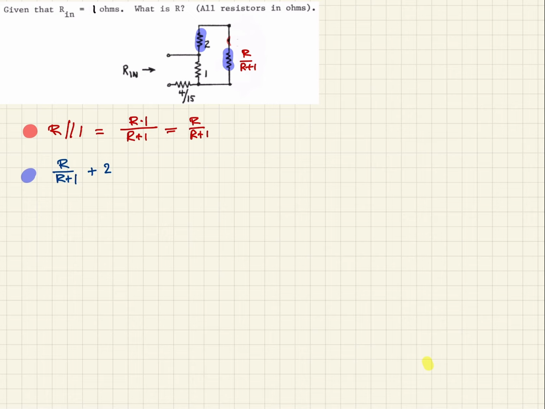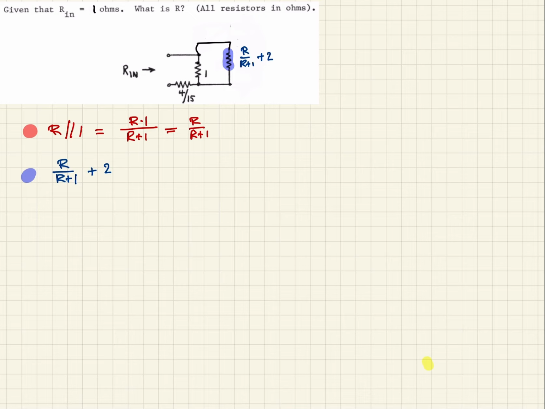In this case, we won't need this anymore at all. And we won't need this anymore, as we're going to have a new value for that. And so what happens here then is we just connect over here. And now our new value for this resistor is R over R plus 1 plus 2.